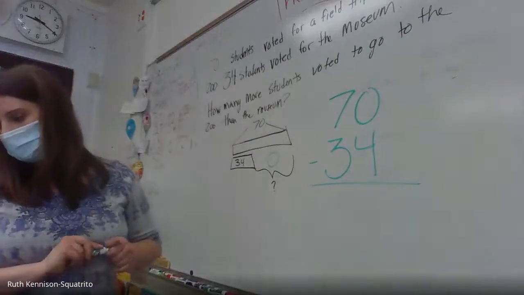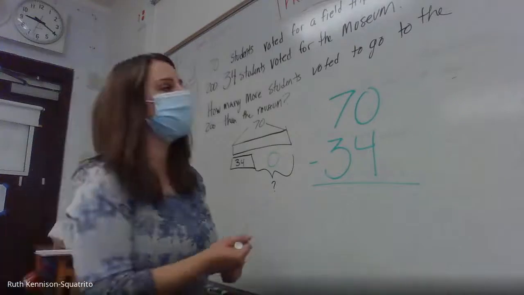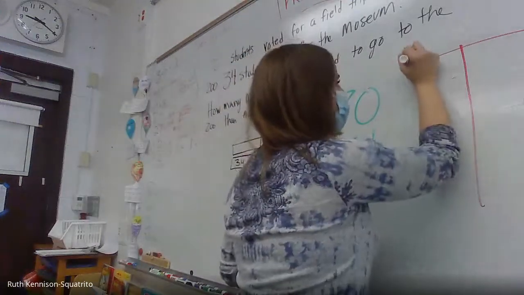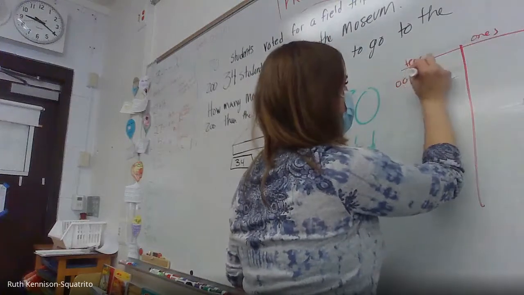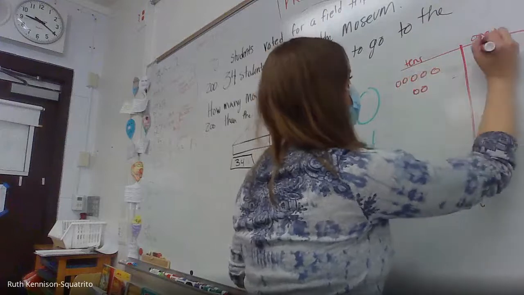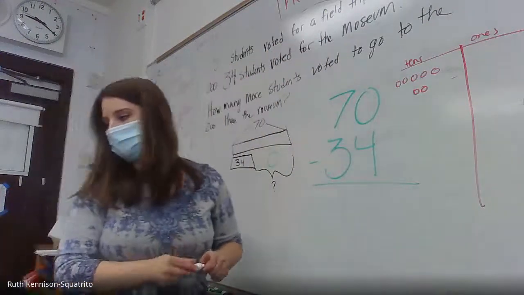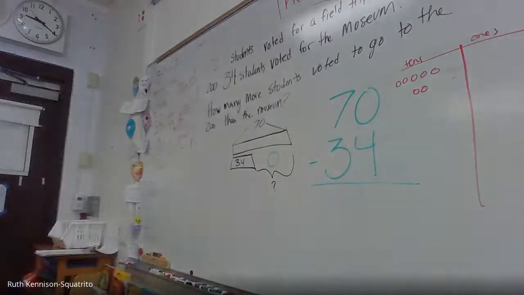Okay? And you can do that with your place value chart also. Tens and ones. 1, 2, 3, 4, 5, 6, 7, 0 ones. And now subtract 34. I'm going to give you guys half a second to work on that while I see what first graders are doing.